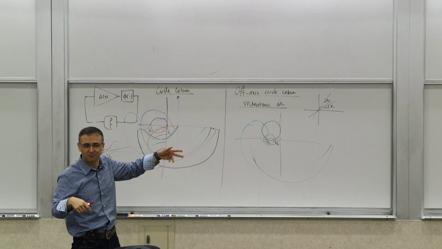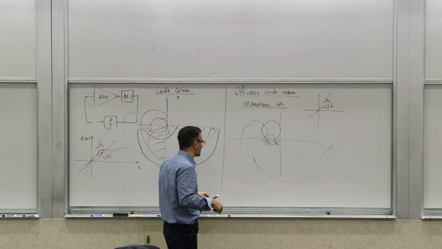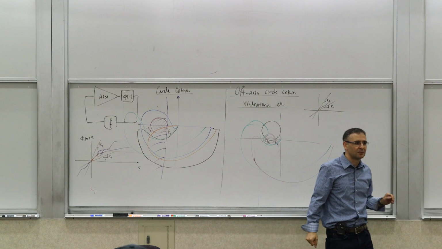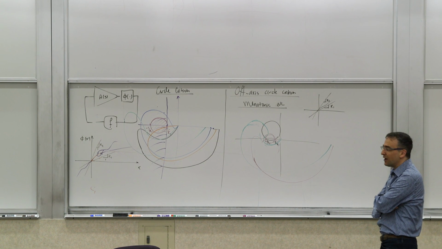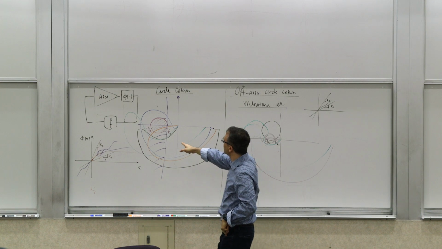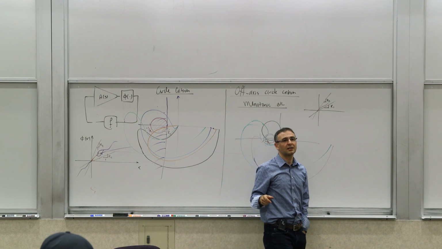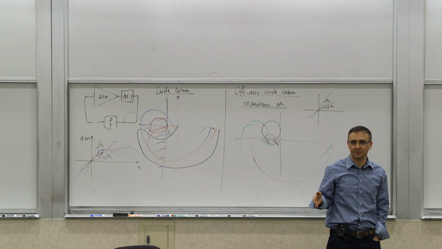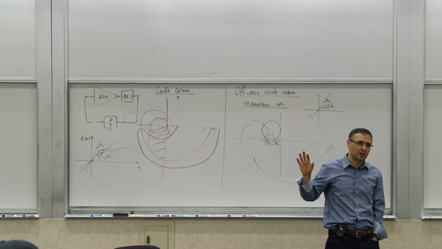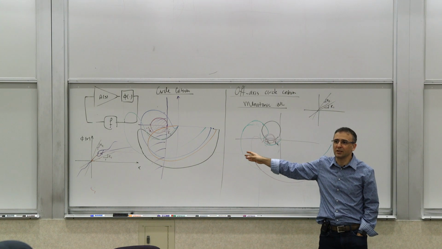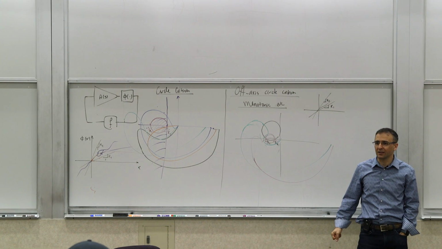I'm just trying to make qualitative examples of it. And this is still not sufficient, but it's tighter. Because it allows for a lot of things that the circle criterion did not allow. There are other things where the original circle criterion would have said, I can't guarantee stability.